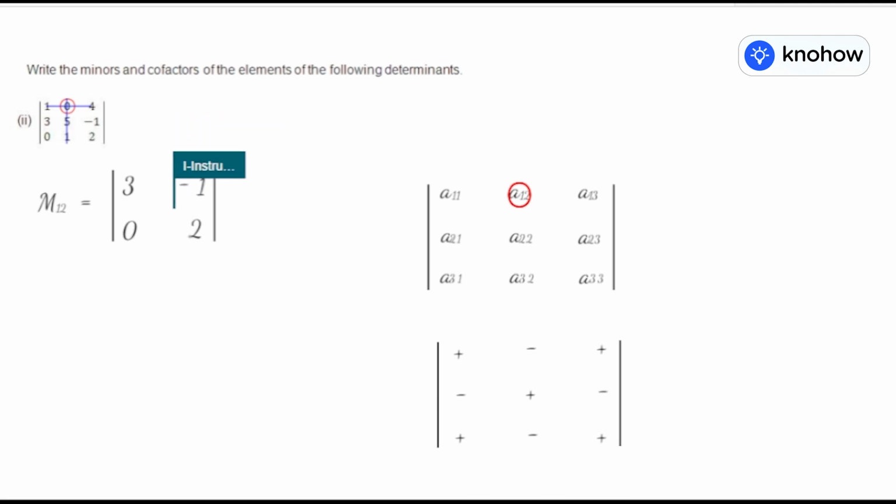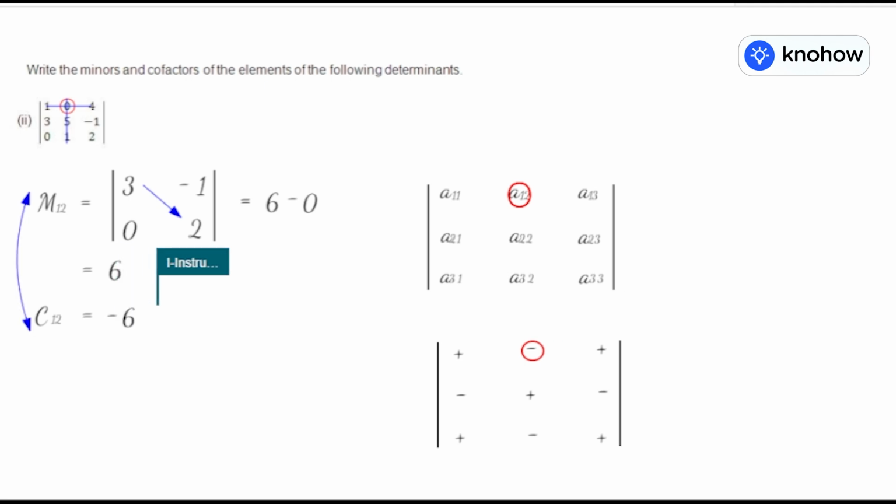So for this 1, 2 element, if you work it out, it is 3 into 2, that is 6, and minus 0 into minus 1, minus 0, it is 6. And what is the sign with 1, 2? Minus. So in case you want to find out the corresponding cofactor, it will be negative times the minor, that is negative 6. So that is about the 1, 2 element.